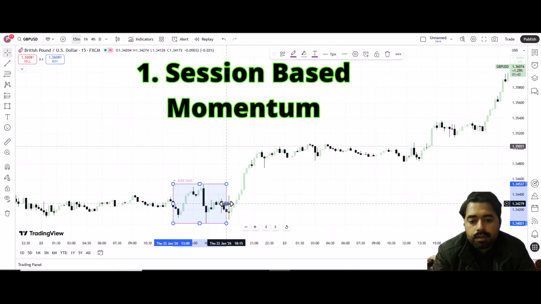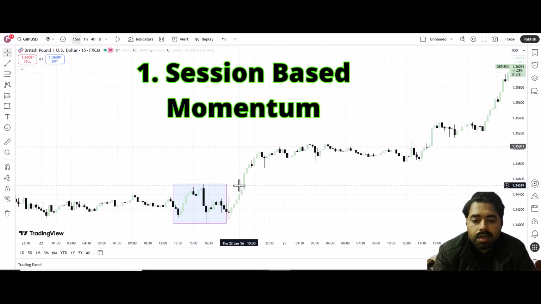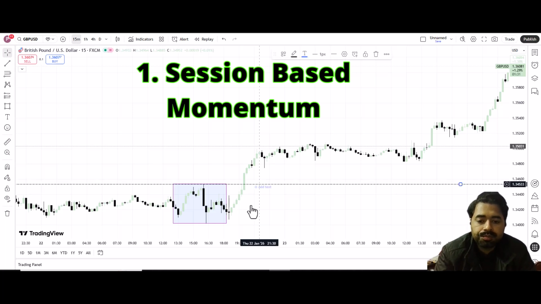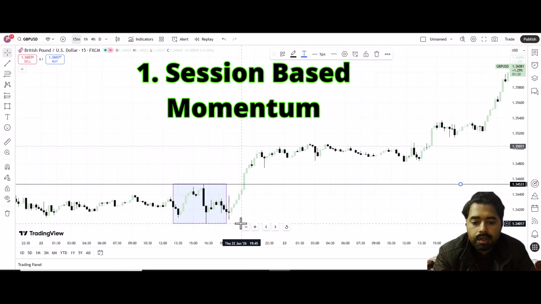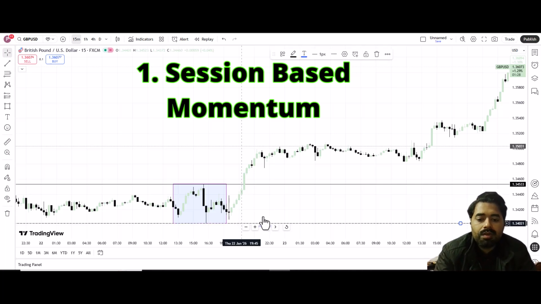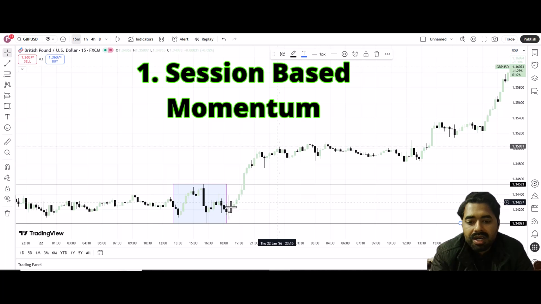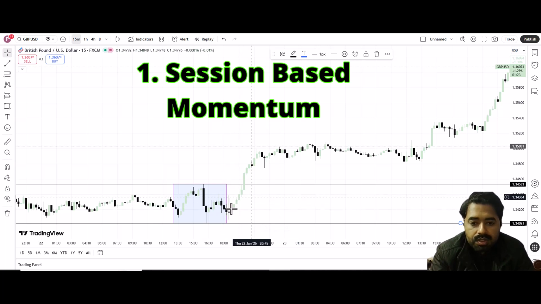Okay, so this is a good point to mark the trigger lines if you want, just extend. So we have already established a range that could help us trade the momentum.